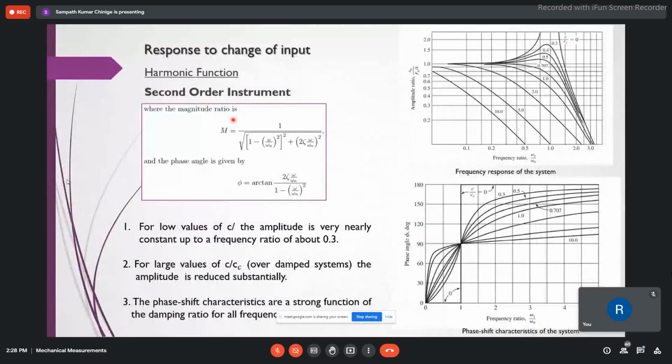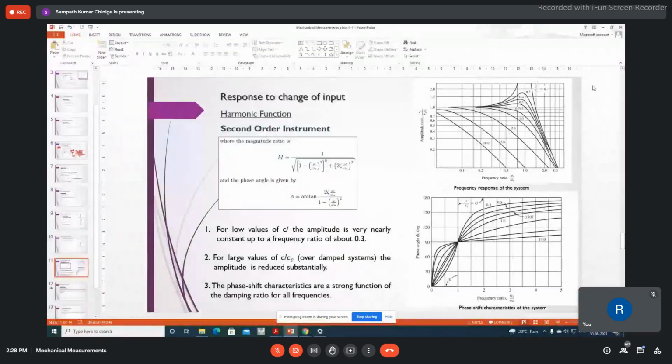You have another class after 1:30? 2:30, you have another class? No, sir, we have at 3. Can I take 5 minutes just to explain? Okay. I'm not getting the cursor. The most important thing is the cursor. Yeah, this is fine. I think now you are able to see the cursor, right? Yes, sir.